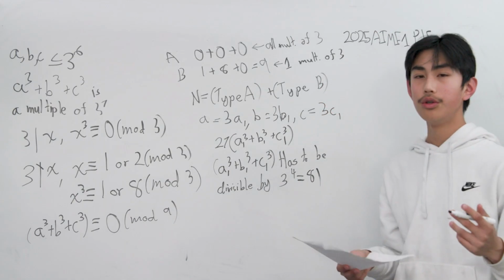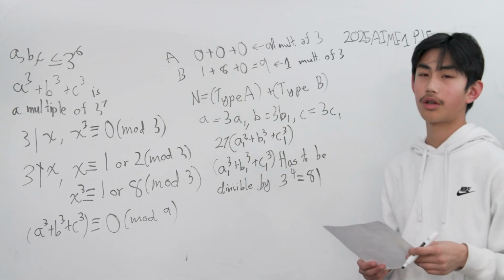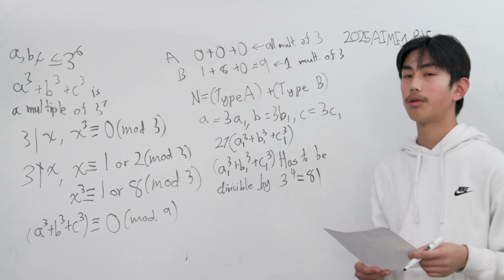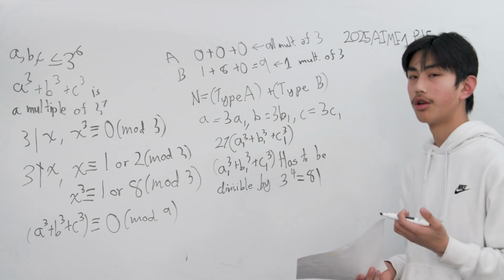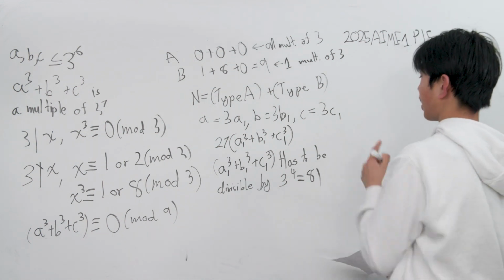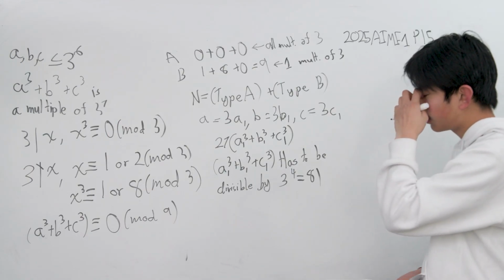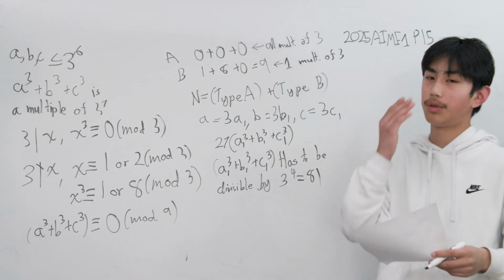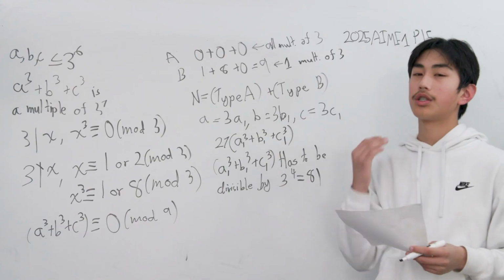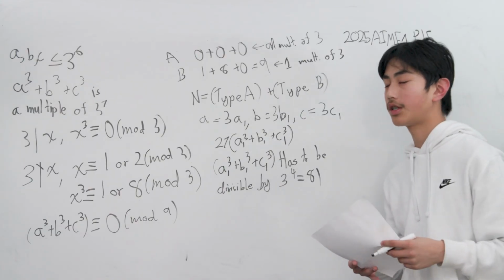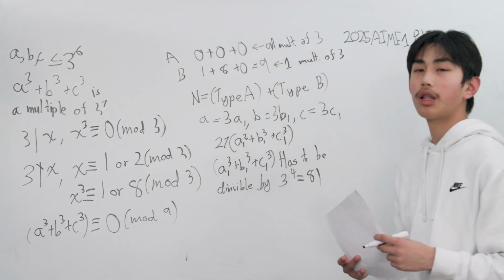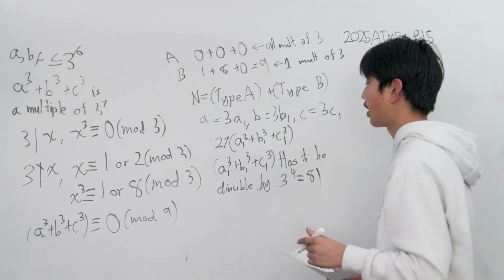Now, with this newfound information, you can start multiplying powers of 3 together to start solving for the number of type A's and type B's. This is something you shouldn't do in a competition, but it's a more rigorous method, I'd say, by multiplying continuous powers of 3.